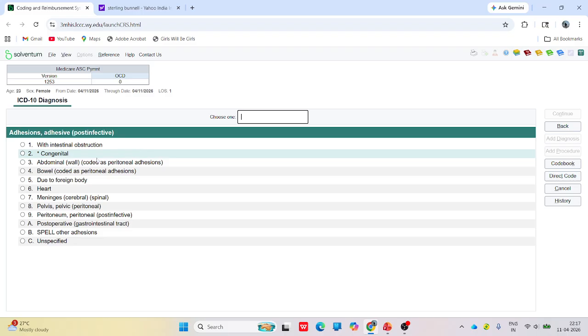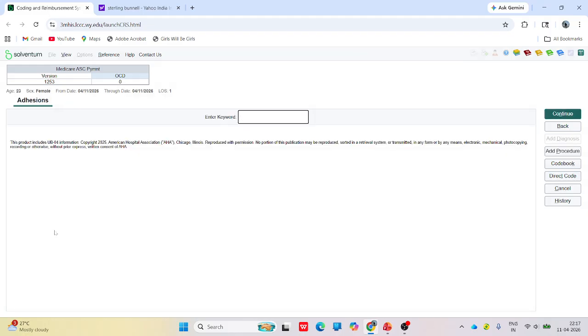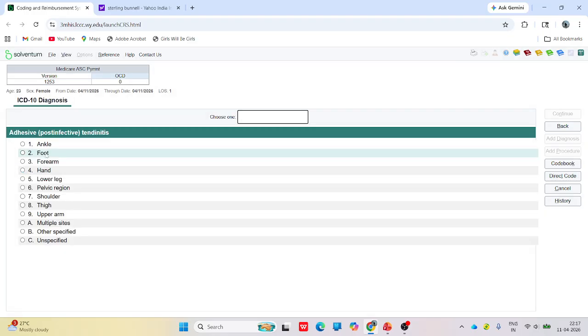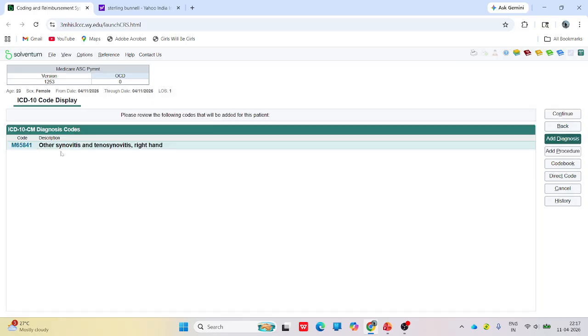Back. Adhesion of the tendon. So it's in hand level only. Okay, we'll see that the 65841.